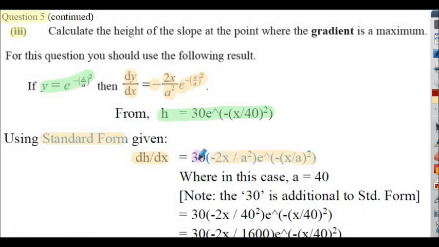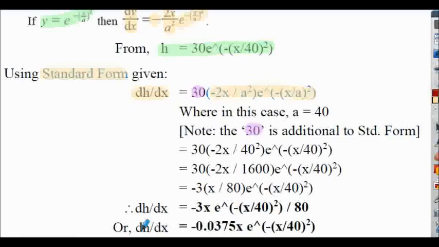Notice that the 30, of course, is an additional value to the standard form. That's the equation for the gradient. Now we need to differentiate that again and equate the second differential to 0 to find the value of x at which the gradient will be a maximum. Here's the full solution to find dh by dx.